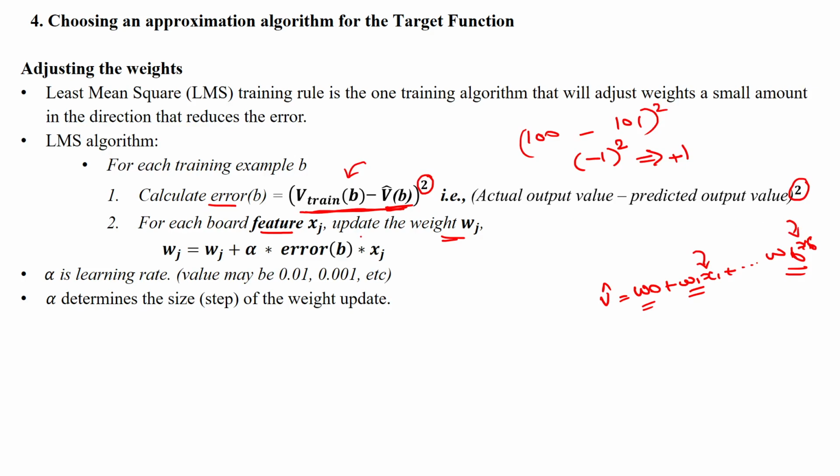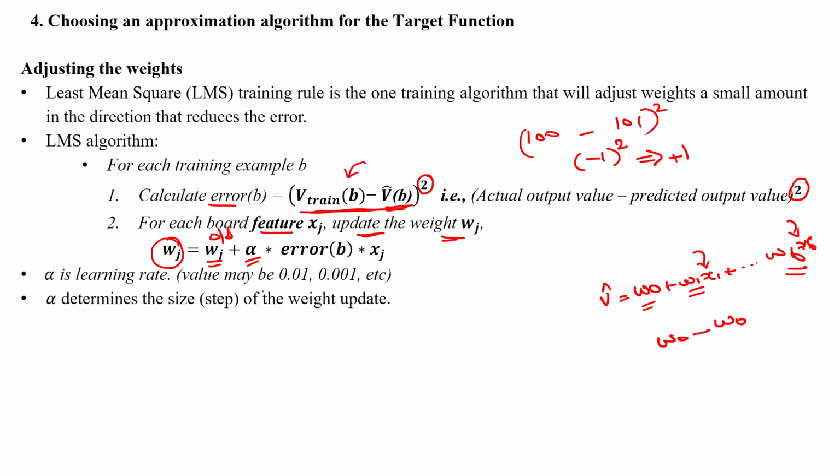So we have to update the weights for all the w's from w0 to w6. For that we have the formula. This is the new updated w value, equal to the old w value plus the learning rate, at the iteration step.